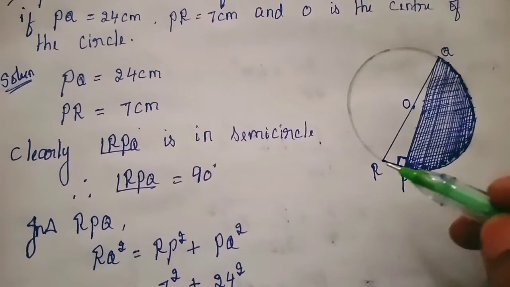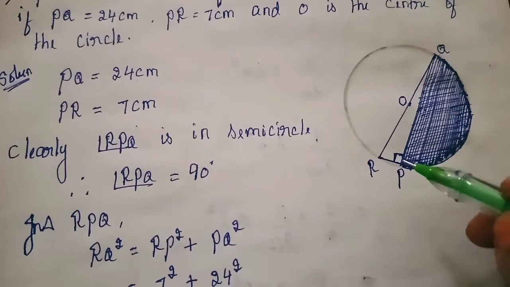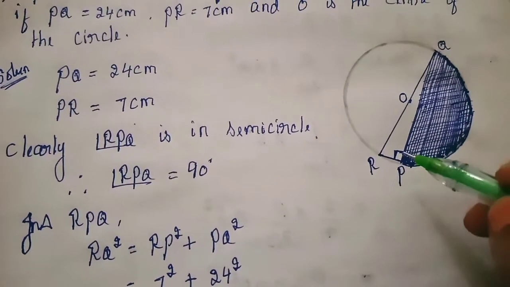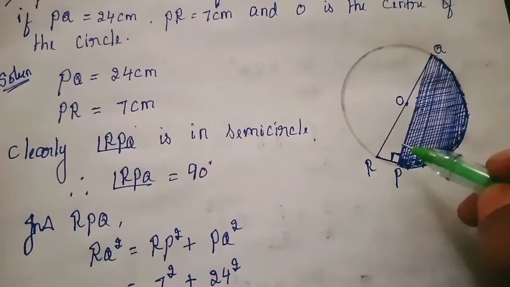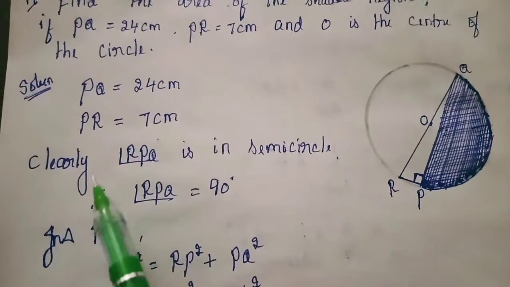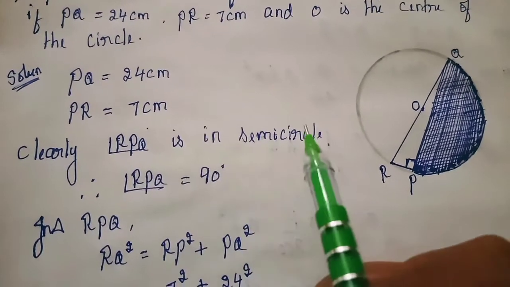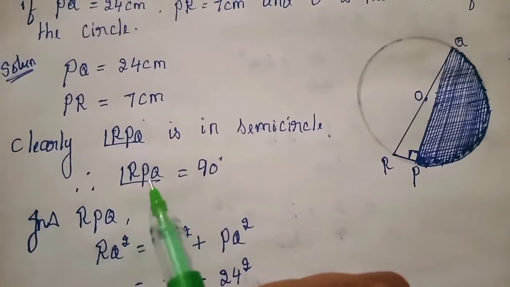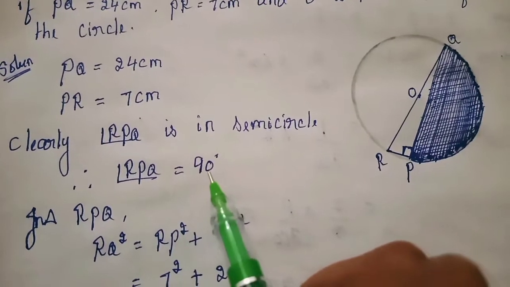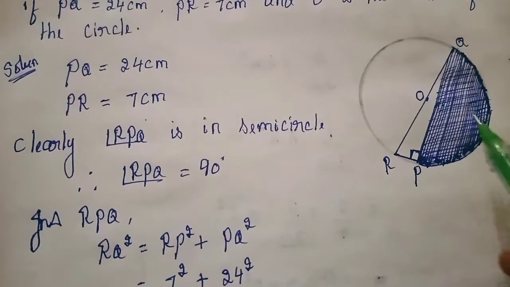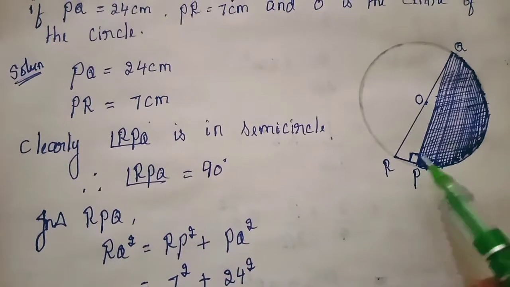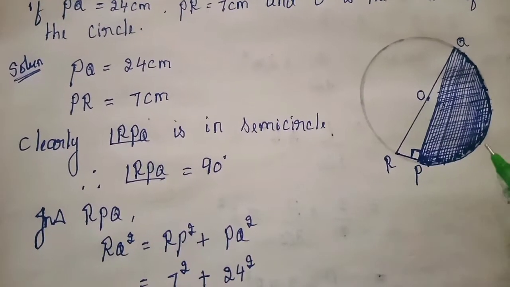Because angle RPQ is in a semicircle, therefore this angle becomes 90 degree. So clearly I have given the reason here. If you can't identify that this is 90 degree, you cannot do this question with any other concept.